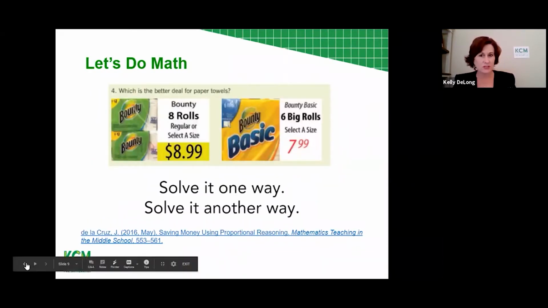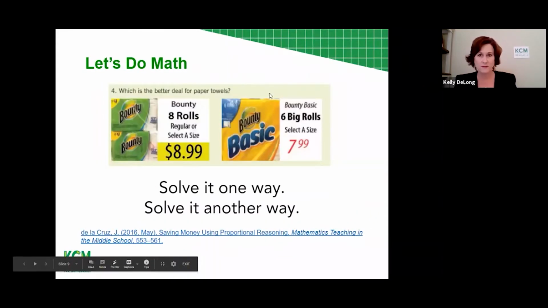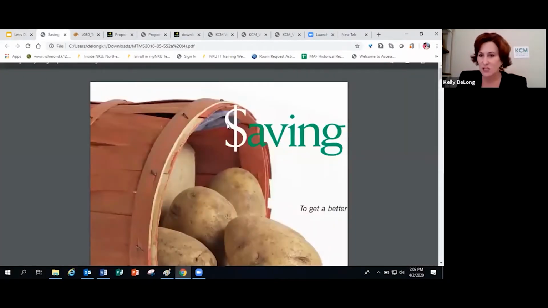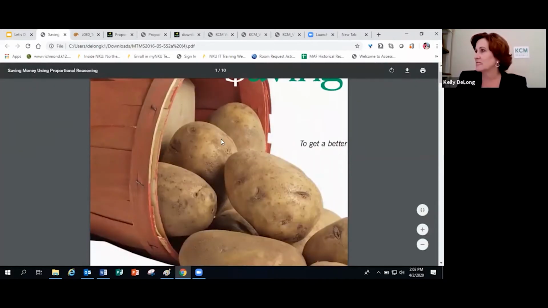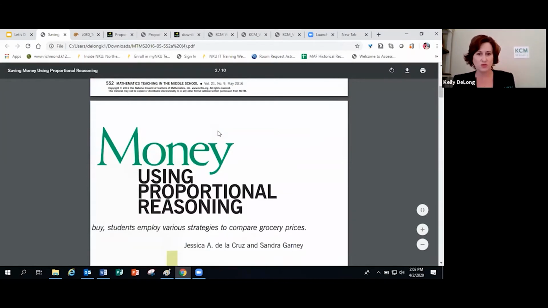One of the articles that I used that I think is so important is this article right here. Let me minimize my screen. I actually want to show you the article. In your handout, you'll have access to this article called Saving Money Using Proportional Reasoning.